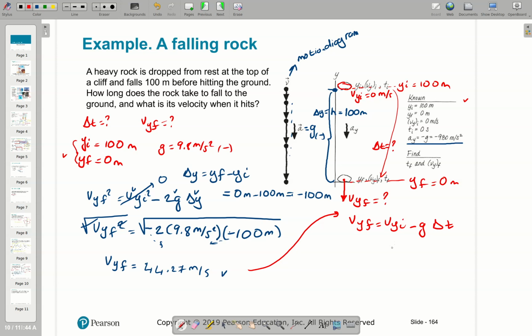I have to do some rearrangements in here. One important thing is that we found the magnitude of Vy final, and we know it's downward, so it's negative.